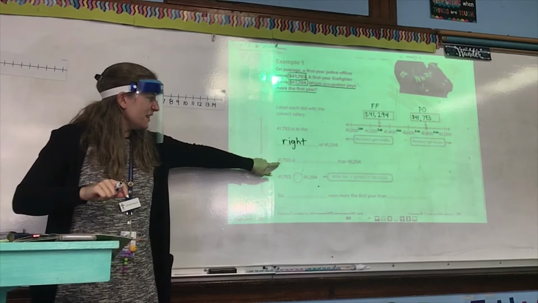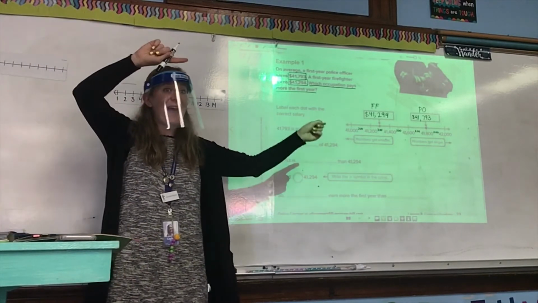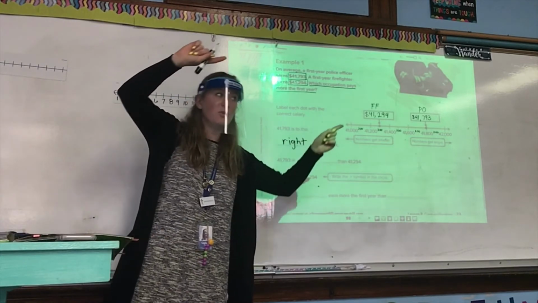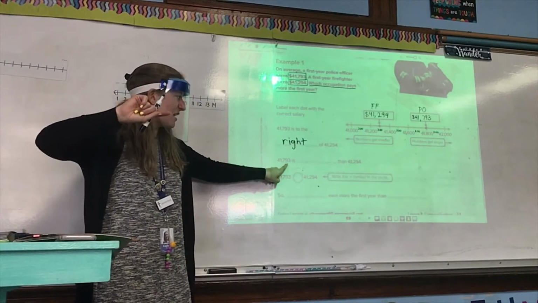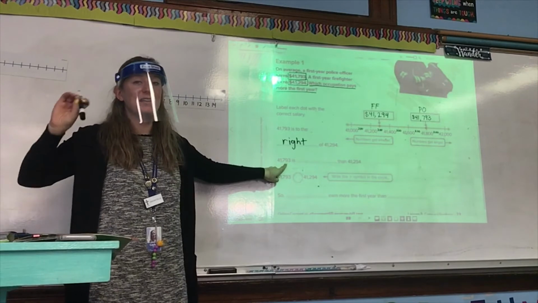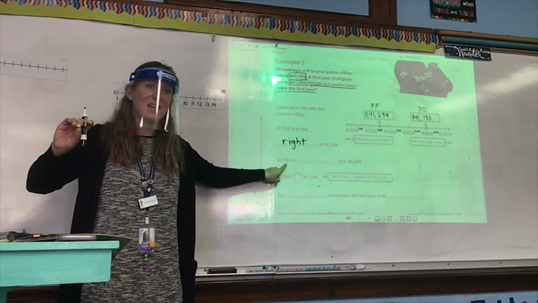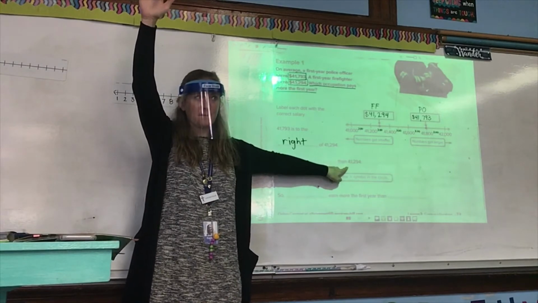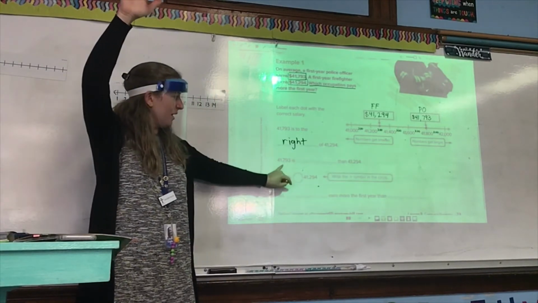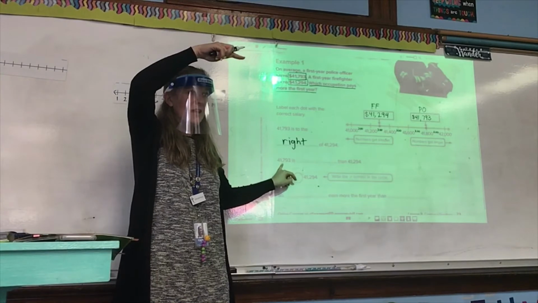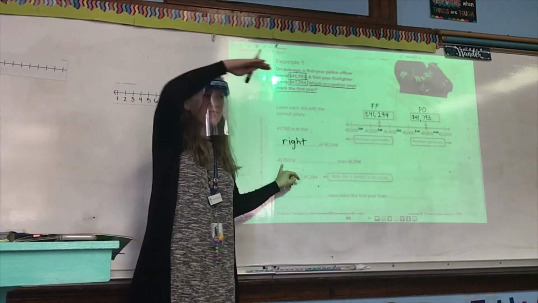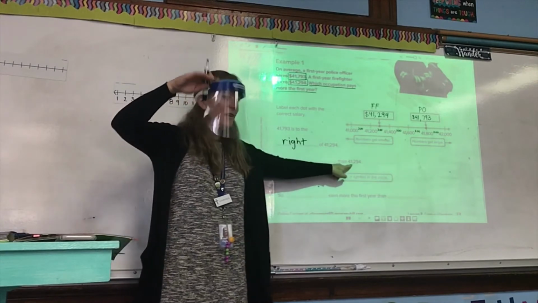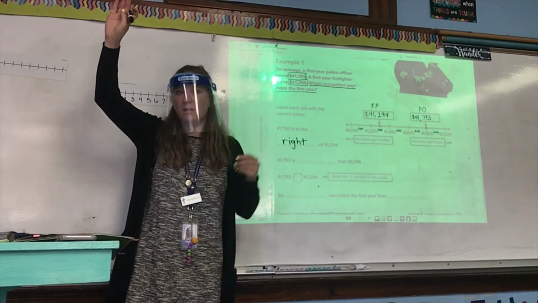So, if 41,793 is to the right of the other number, and the numbers get bigger as they move to the right, is 41,793 greater than, less than, or equal to 41,294? If the number is to the right on a number line, is this number greater or less than this number, or equal to?